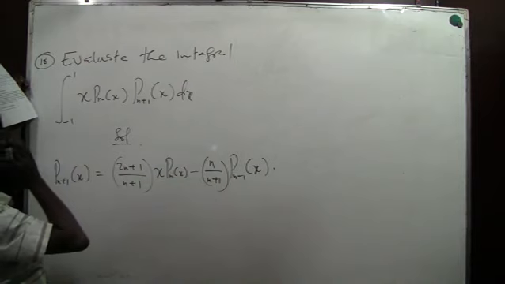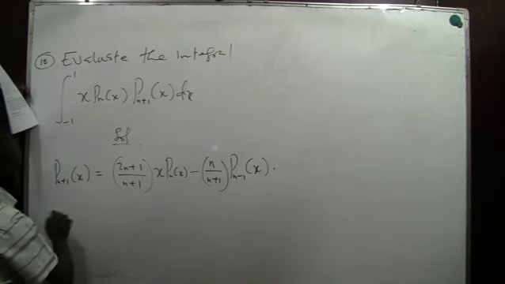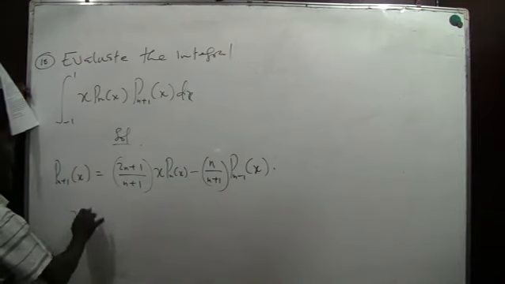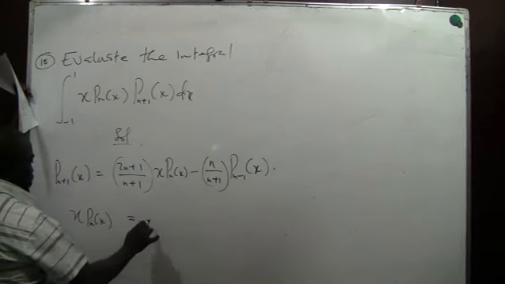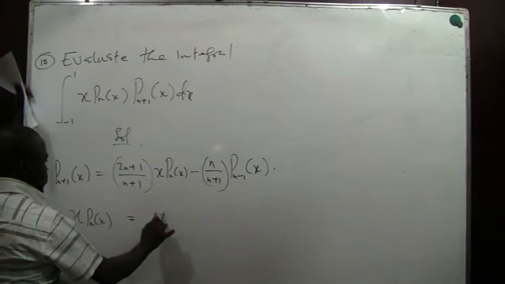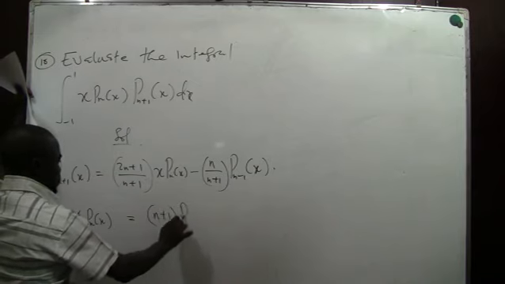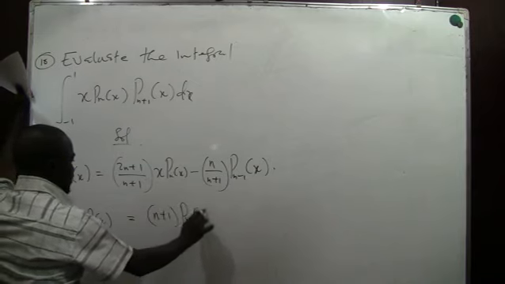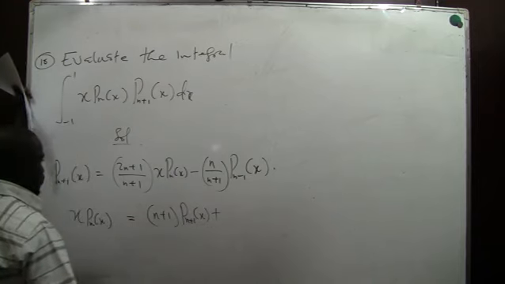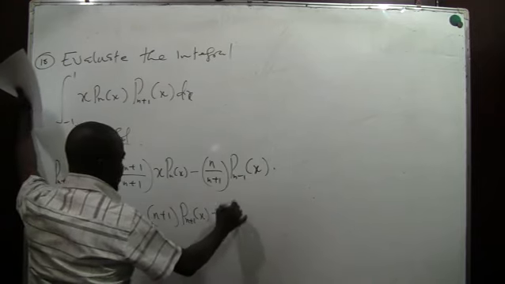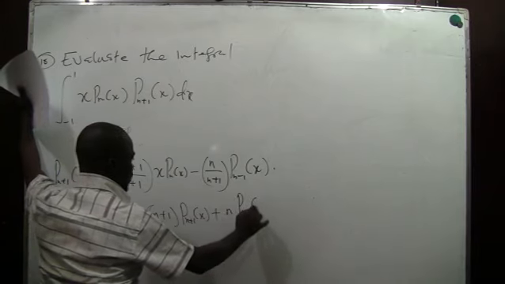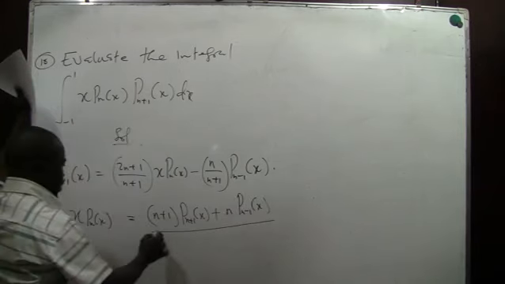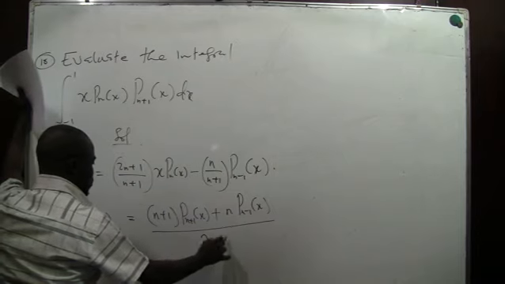And what will be the result? xPn(x) will give us ((n+1) P(n+1)(x) + n P(n-1)(x)) all divided by 2n+1.